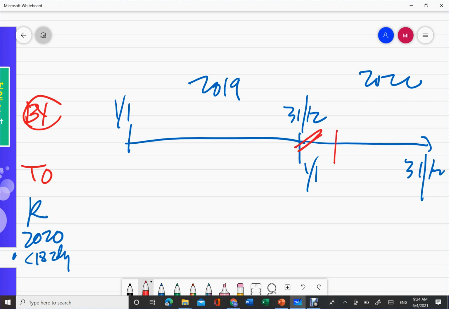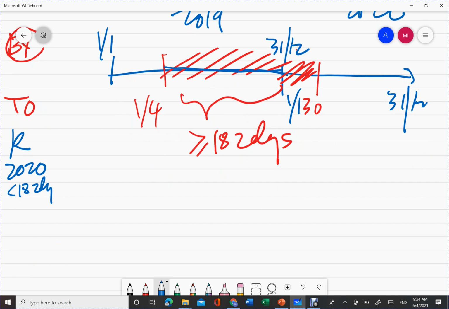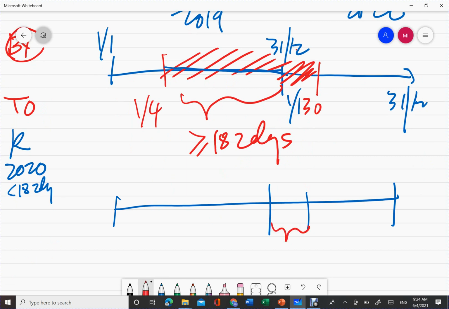He was in Malaysia for this period of 30 days, and this period in January is joined because he was in Malaysia from 1st April 2019 until 31st December, connected directly. Here we get the minimum of 182 days, and he will become a resident. This period must be consecutive, it cannot be broken. What happens if, say, the same scenario, but here he was in Malaysia for only 30 days?